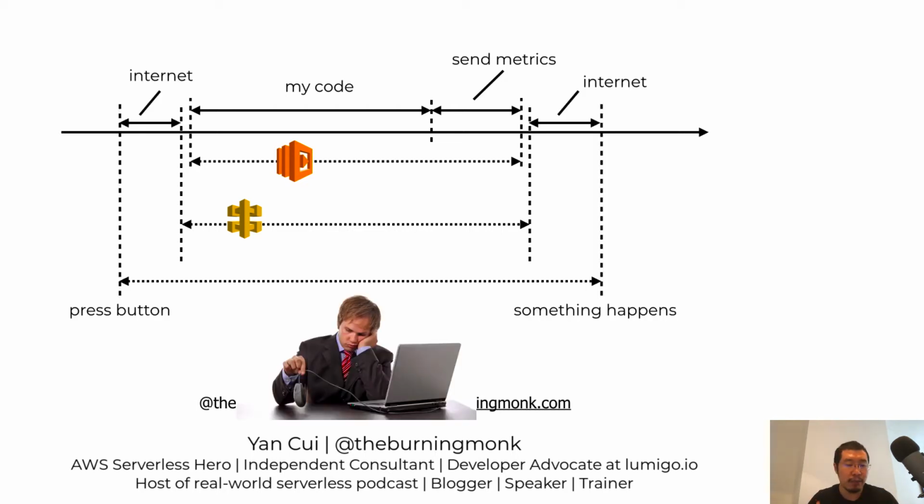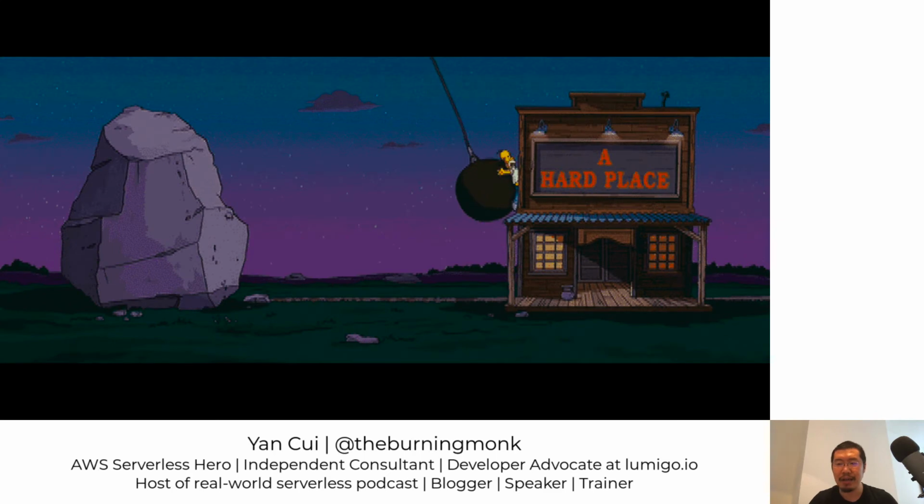So your user potentially has to wait longer for a response to come back. Now you're kind of stuck between a rock and a hard place, whereby you are vulnerable to data loss if you're batching and sending that data, but if you're sending it eagerly at the end of every invocation, then you're adding latency to your user-facing systems. We are going to talk about some workarounds later, but those also come with their own trade-offs.